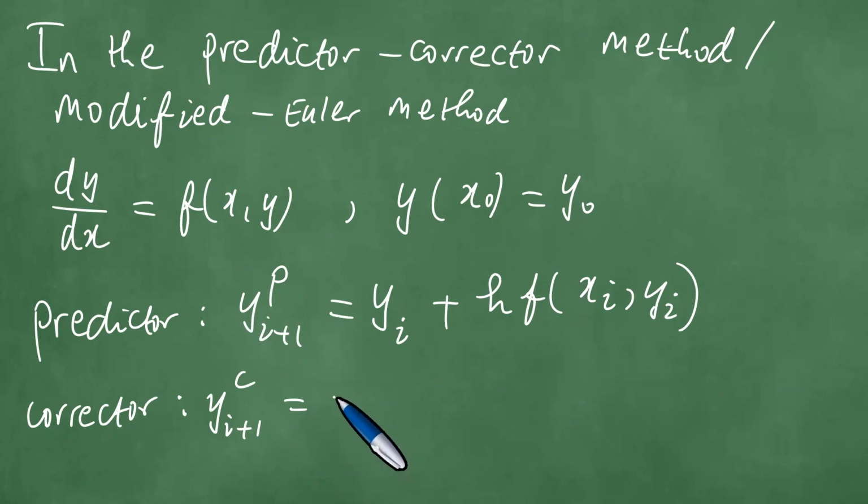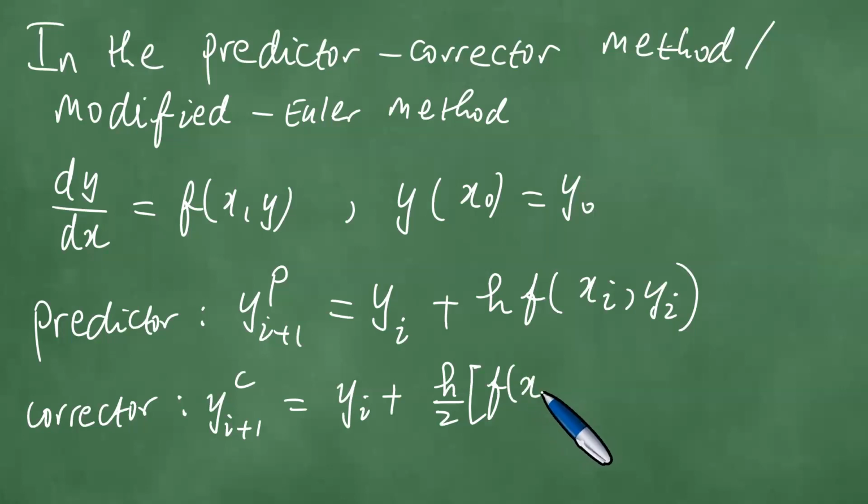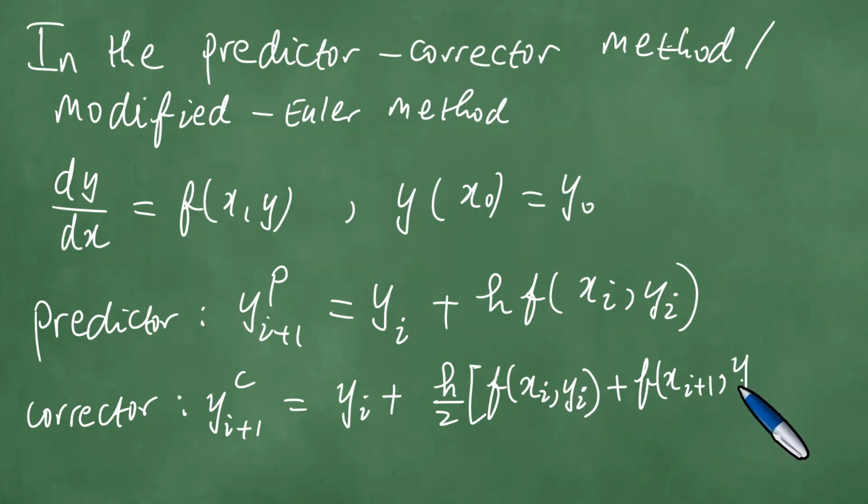So now the corrector is y_i plus h over 2, then you have f of x_i, y_i plus f of x_{i+1}, and then we put here y_{i+1} predictor.